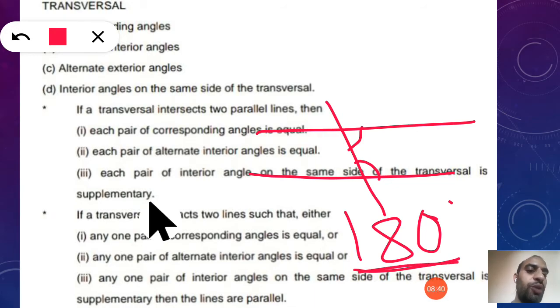You can see the last point written here: each pair of interior angles on the same side of a transversal is supplementary. Supplementary angles are angles which, when added, give 180 degrees. This is an important point that you need to keep in mind.